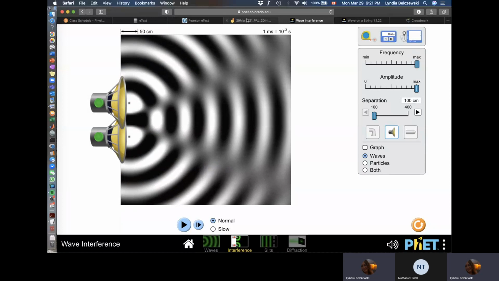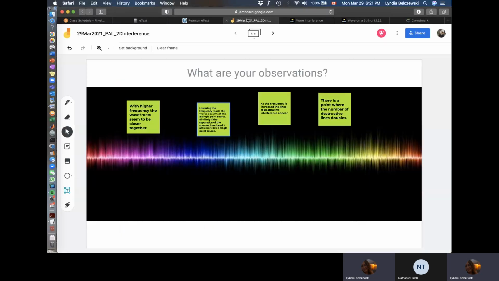Nice. We've also got that as the frequency is increased, the lines of destructive interference appear. Yes, and that's kind of what we were just looking at. With the lower frequency, it's harder to see the interference lines under certain conditions, of course.